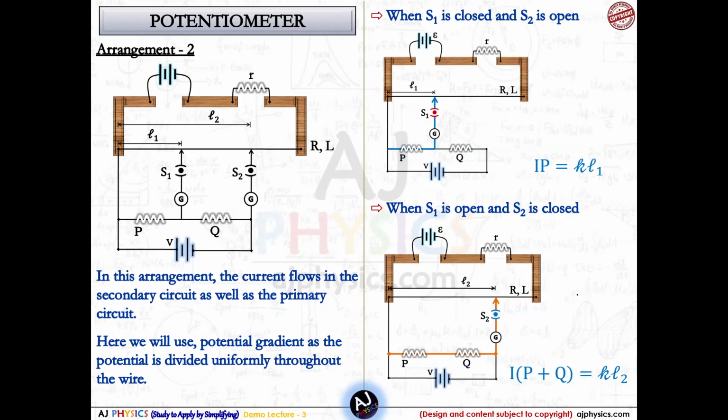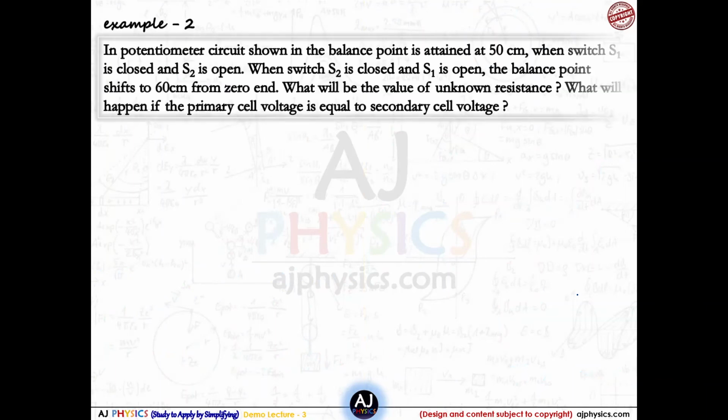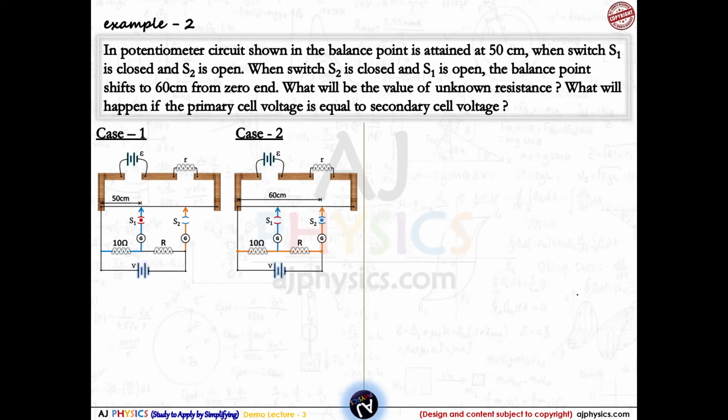Fine. Now let me discuss one basic question related to this. So this is the situation. Try to understand the circuit first. I told you that the statement will be like this only: the switch S1 is closed, S2 is open, and S2 is closed, S1 is open. Fine. So now when the switch S1 is closed, we are actually measuring the voltage of just this resistance.